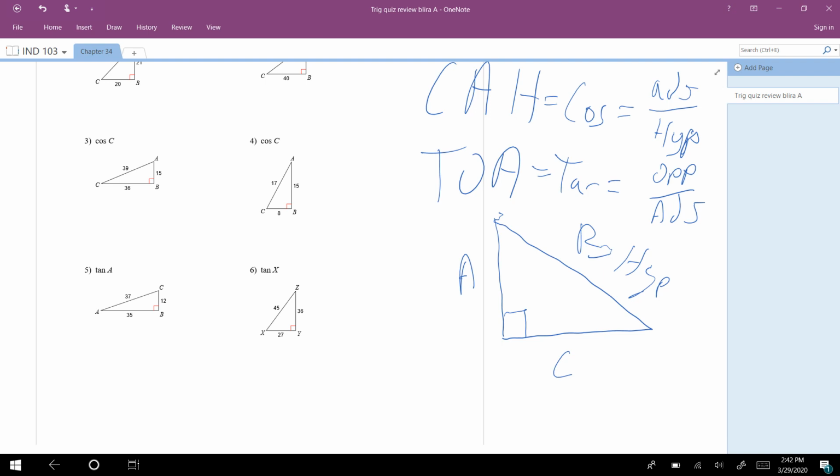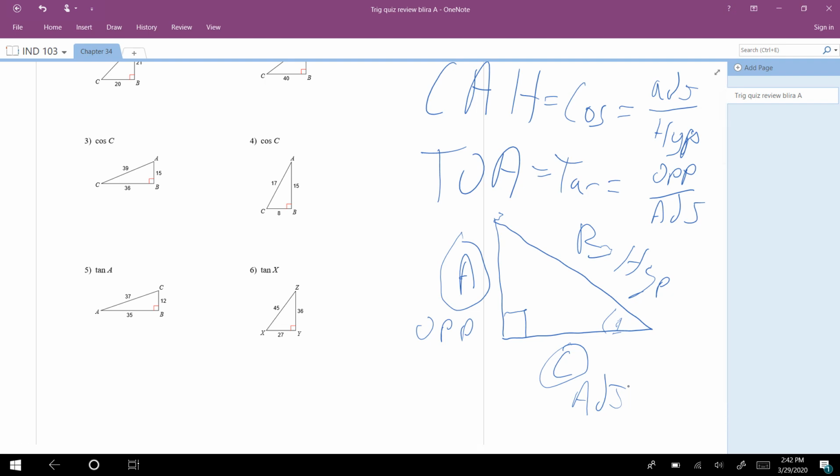It depends on what you are looking at. If I look at this angle, I'll call it angle 1. Opposite of angle 1 would be A. And the adjacent, because it's right next to the angle, would be C.